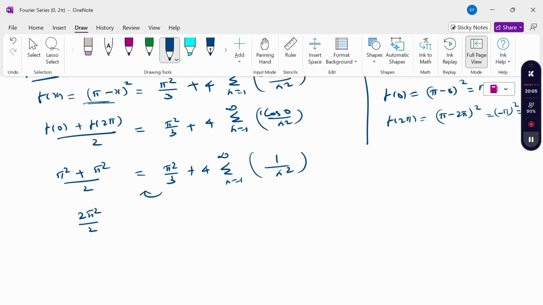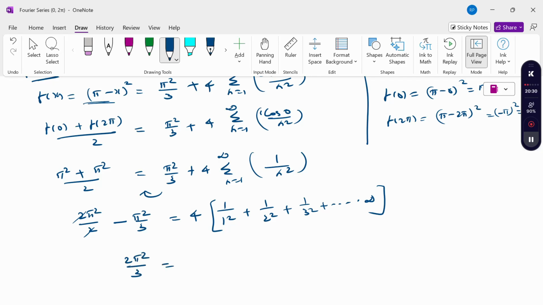When I am taking this to the left hand side, pi square minus pi square by 3 equals 4, sum n from 1 to infinity, so 1 by 1 square, 1 by 2 square, 1 by 3 square up to infinity. When I am taking the LCM, 3 pi square minus pi square, so 2 pi square by 3 equals 4 times 1 by 1 square plus 1 by 2 square plus 1 by 3 square plus up to infinity.